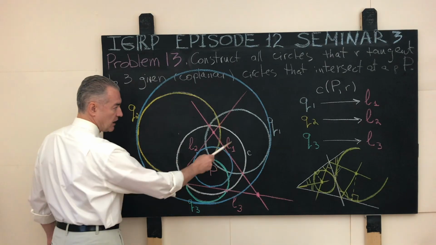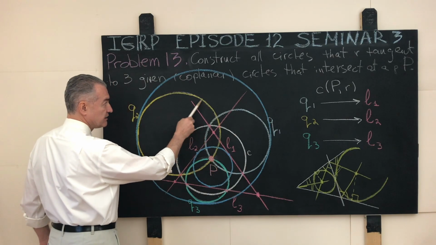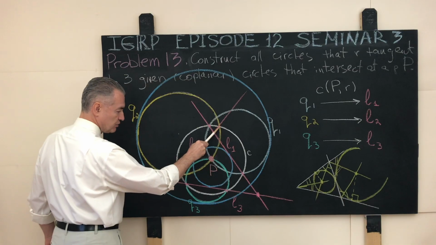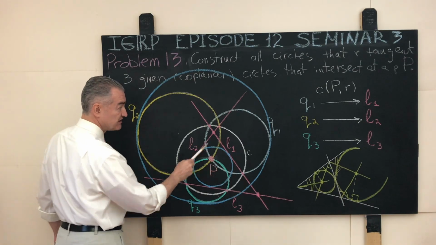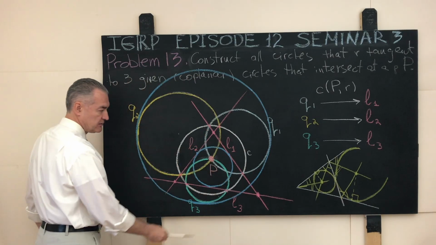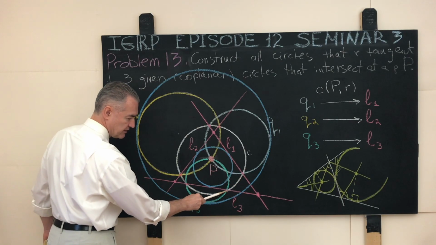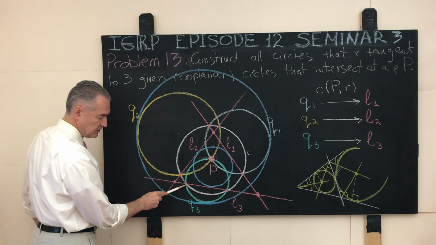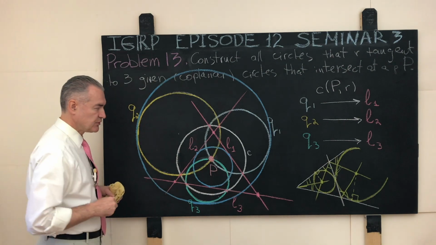For example, our circle of inversion, lowercase c, intersects the yellow given circle at this point and at this point. The circle of inversion c intersects the light blue circle here at this point and at this point. And the circle of inversion c intersects the electric green circle at this point right here and at this point right here. What does this maneuver buy us?